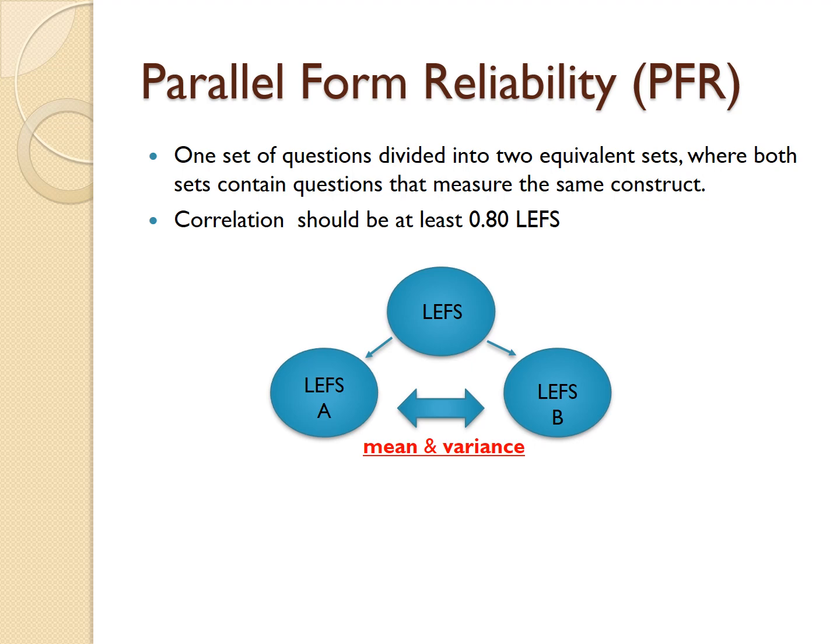So what's the other reliability? So it's a parallel form reliability. So what it means basically, let's say you want to design a new scale. Okay, take an example here that we're taking lower extremity functional scale. Let's say it was originally designed with 80 questions.